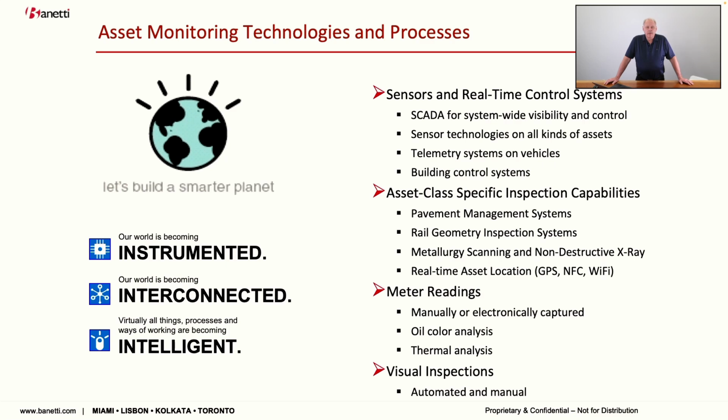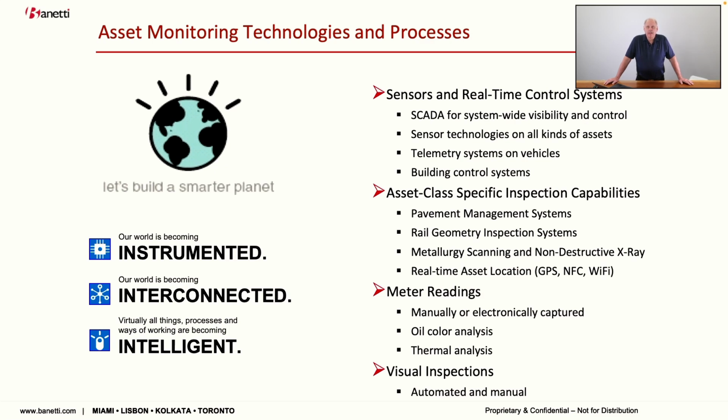Rail geometry. There are rail cars that every passenger rail system uses that literally run down the rail and find out where there are dips that cause the cars to sway back and forth. Because the more swaying back and forth, the higher the chances that it'll break the rail. So we need to adjust the rail so that we don't have those problems.